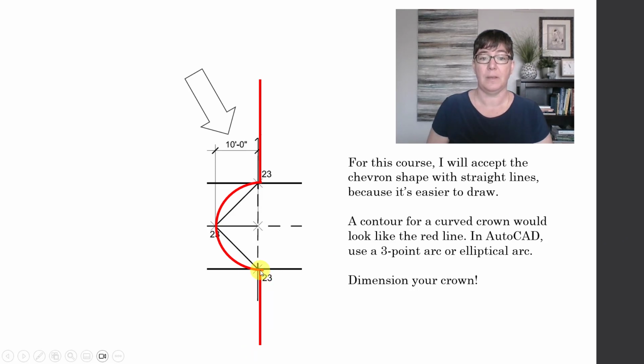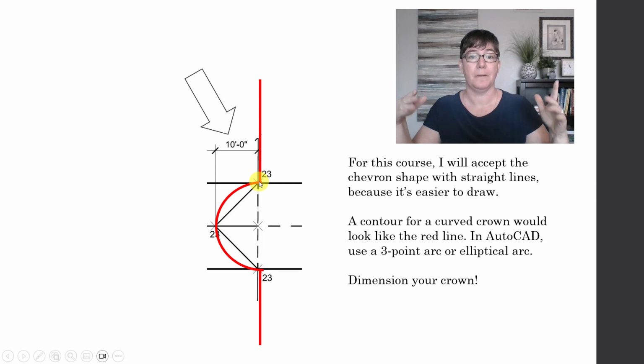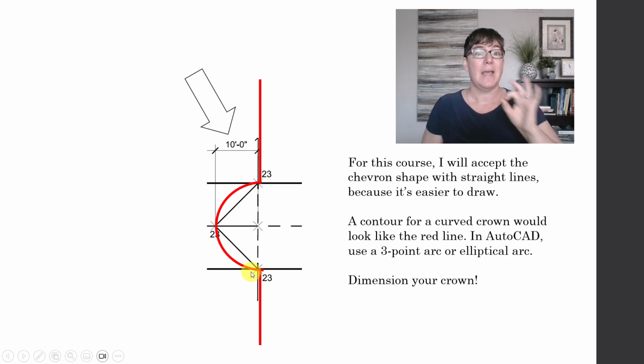It comes here, and then it hits all the same points. But it is an elliptical curve or an arc, meets the grade and continues. In AutoCAD you can create this using a 3-point arc or a 3-point elliptical arc. And then there's one last piece for your grading plan, and that is to always dimension your crown.